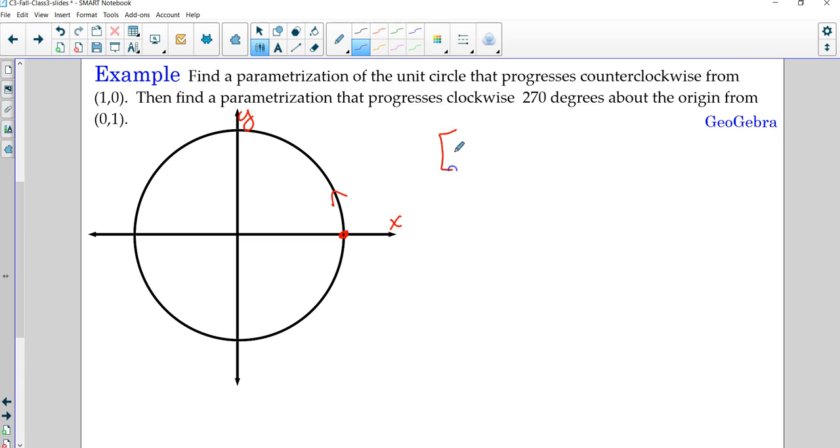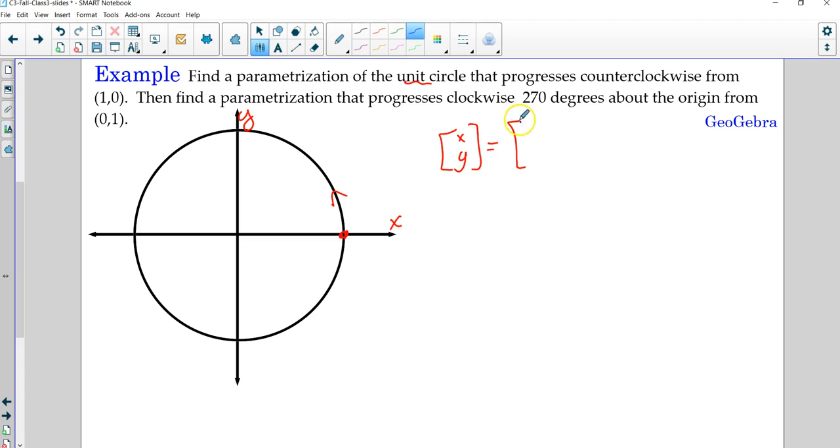If we think back to our previous studies, or maybe back to cylindrical coordinates, or polar coordinates, we said that x and y was r cosine theta and r sine theta, where r is 1 here since it is the unit circle.